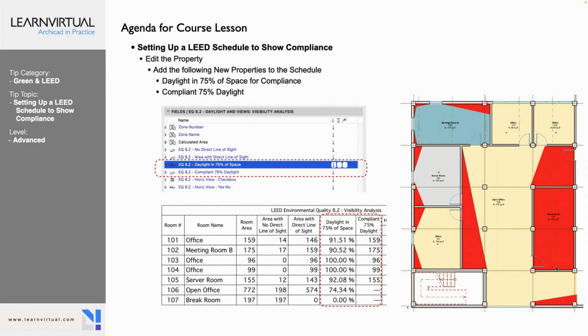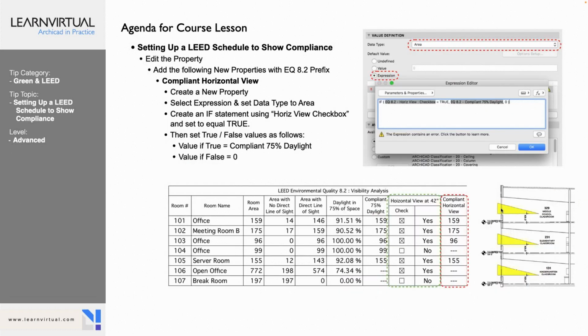They have no direct line of sight, which means we cannot see out the windows from these areas. And of course, we can't see out the windows at all from this break room area. And by doing that, we're able to calculate these no direct line of sight spaces into our compliance to give us the appropriate square footages at the bottom.